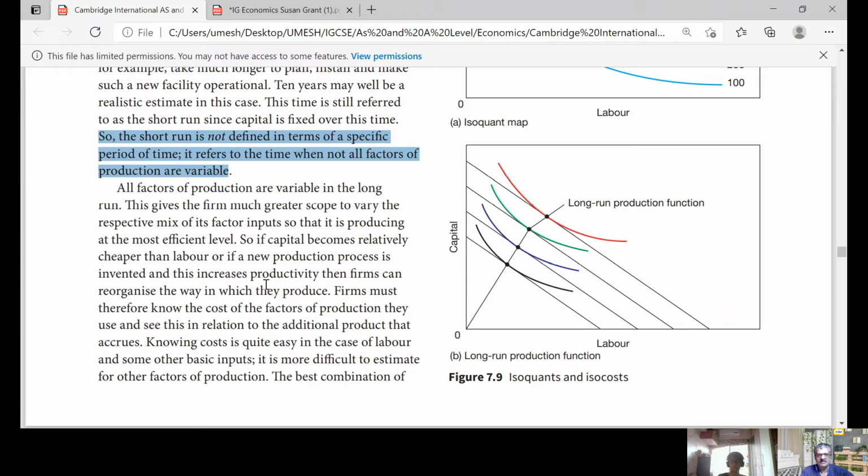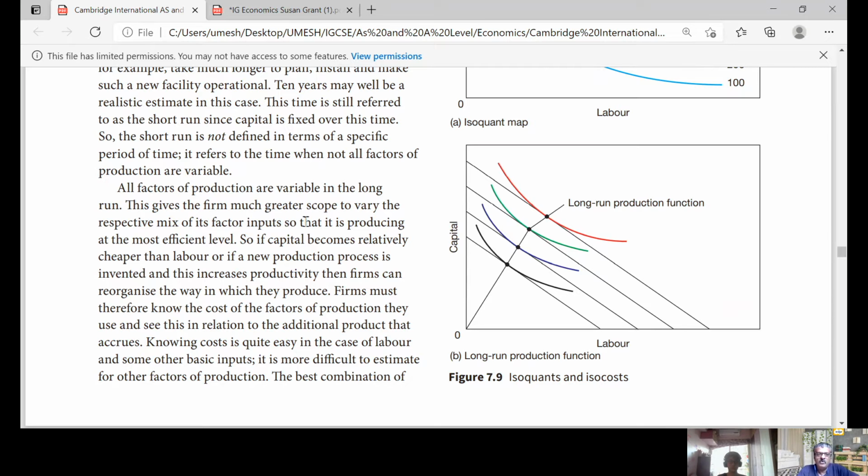Okay, okay. Now, underline this also: all factors of production are variable in the long run. Variable means they are not fixed. They can be changed, altered, modified.